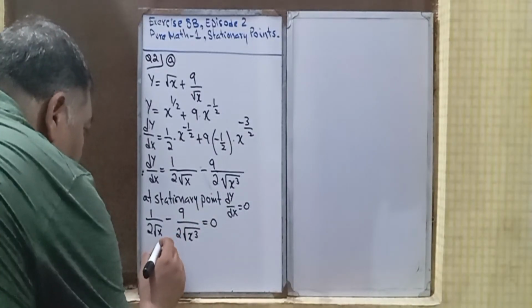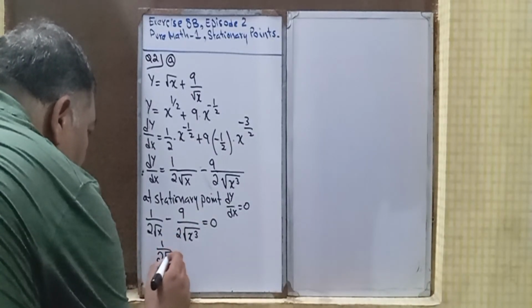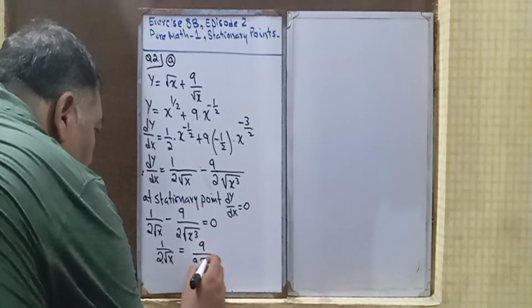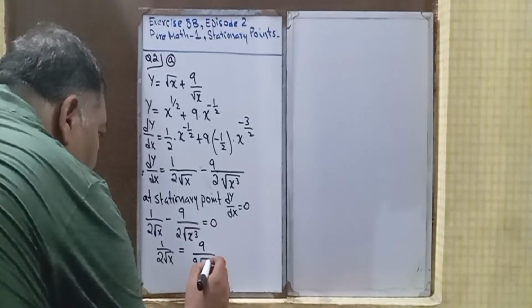So we will have 1 by 2 under root x equals 9 by 2 under root x cube.